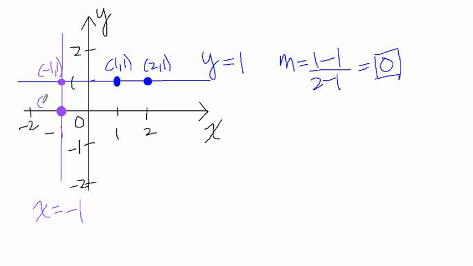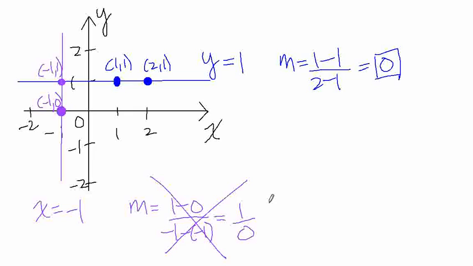The other one is associated with -1, 0. If we tried to find the slope with respect to those 2 points, we would get 1 minus 0 on top and -1 minus -1 on bottom. But that's equal to 1 over 0, which is undefined. So that's why we say that vertical lines do not have a slope.